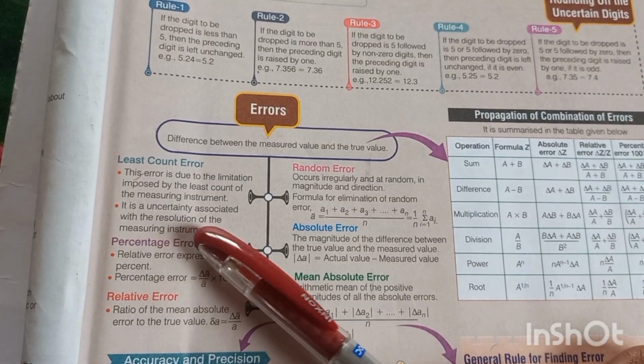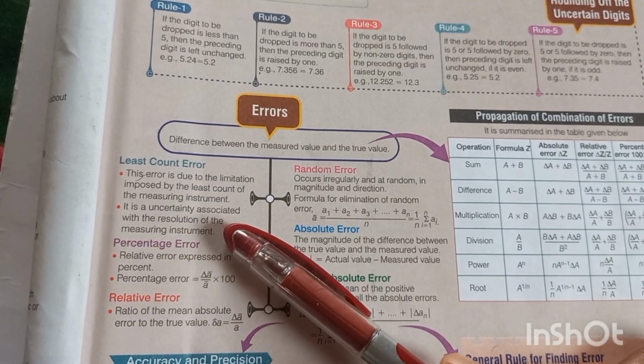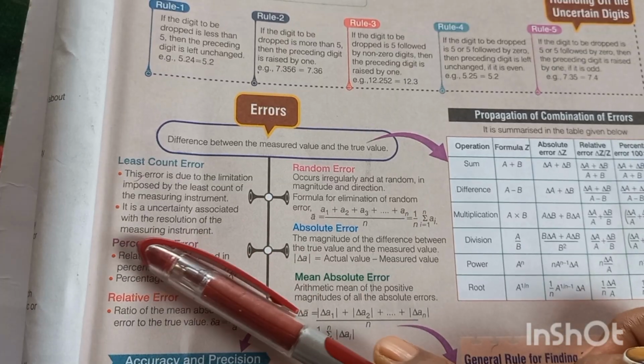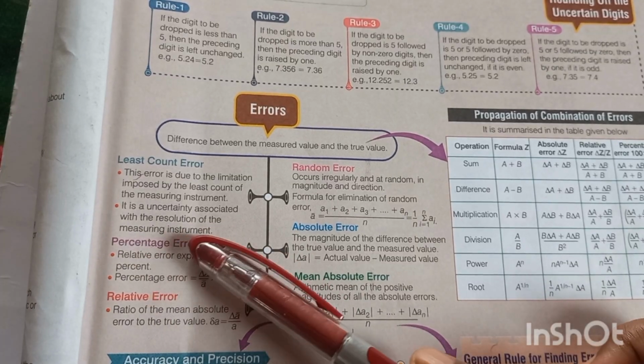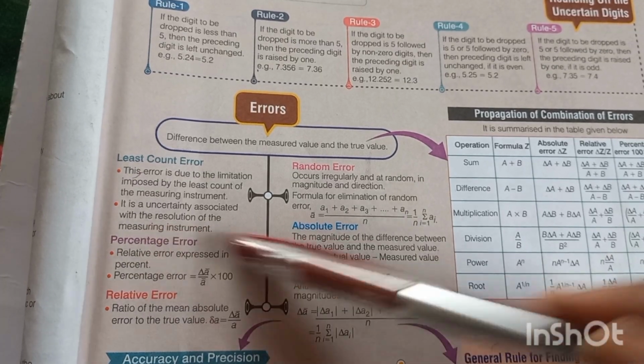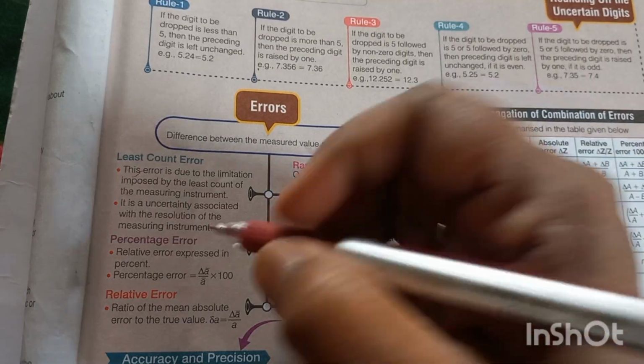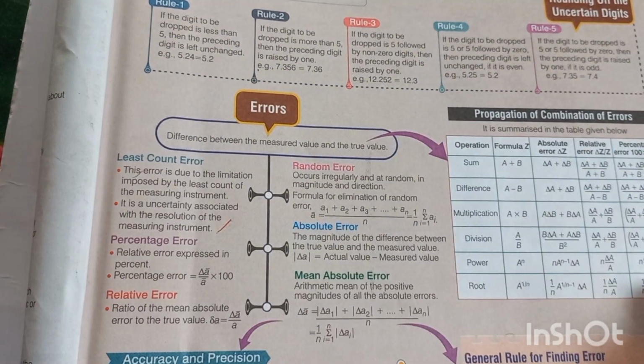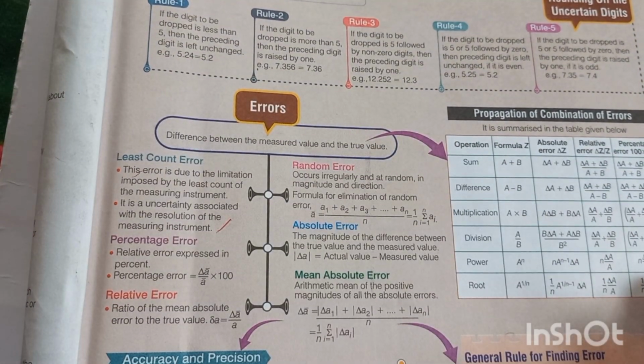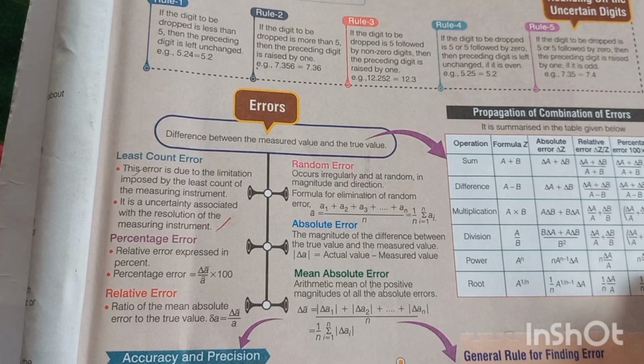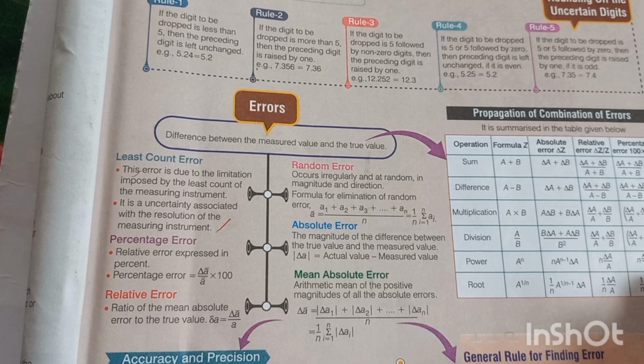It is the uncertainty associated with the resolution of the measuring instrument. So till how accurately you can measure the value, that is known as the least count error.